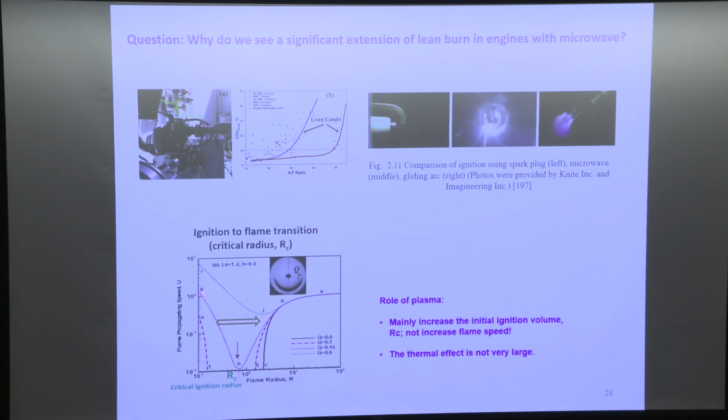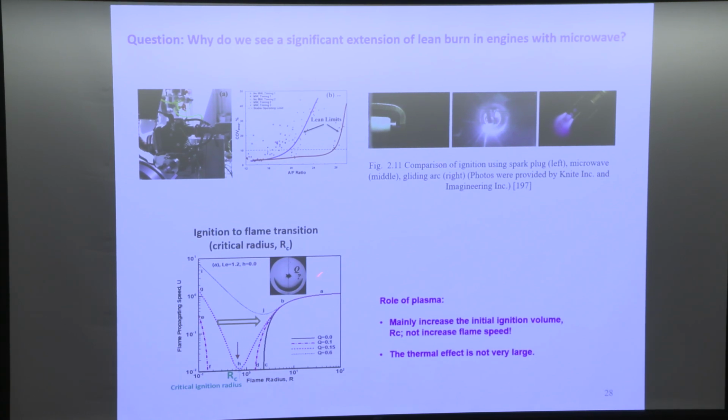But if you increase the ignition energy, you can see the flame speed decreasing as it goes down, and it reaches a minimum speed. But after that, the flame speed picks up by itself and reaches 1, the adiabatic flame speed.